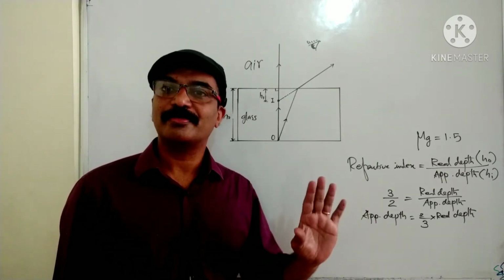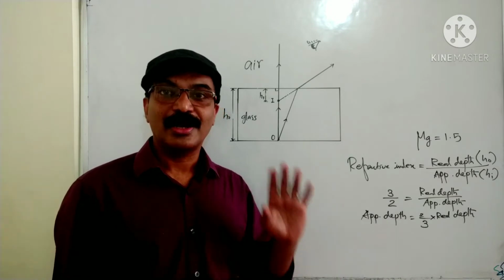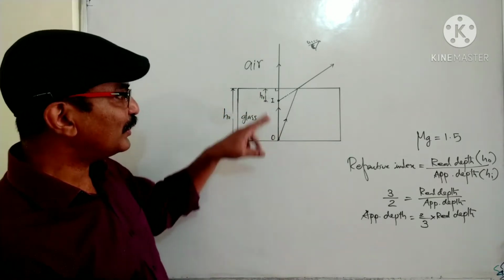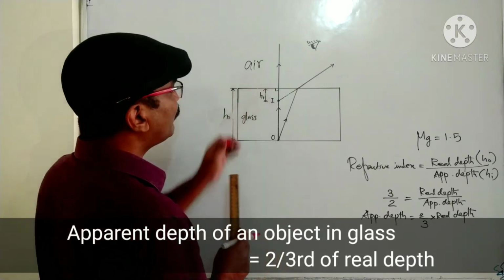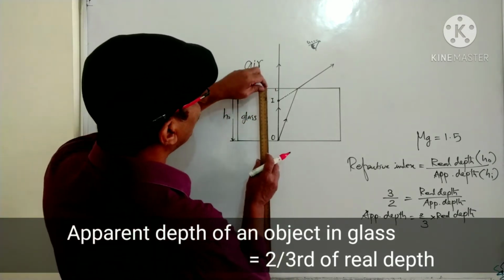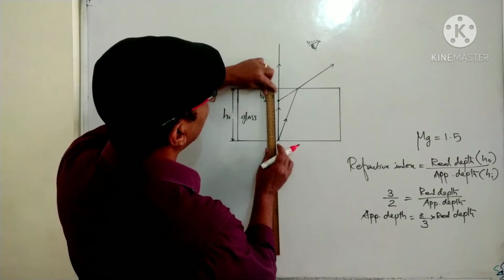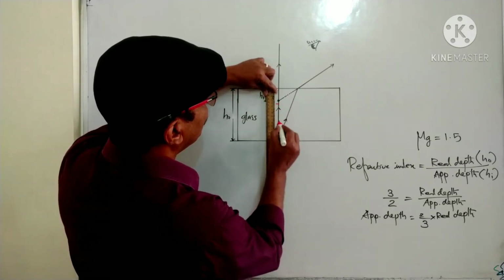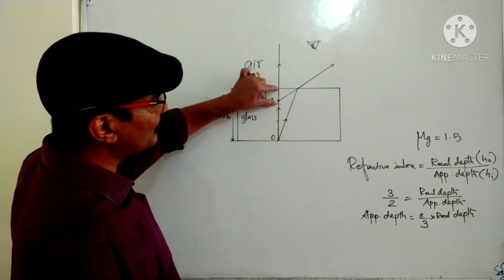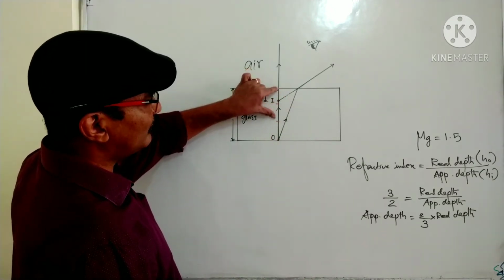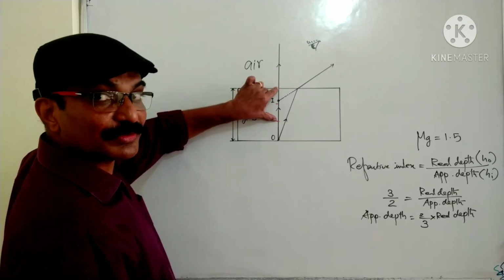Okay, examiners may not measure it, but at least for their estimation, apparent depth must be 2/3 of real depth. Here, if I divide this real depth into 3 equal parts, imagine, see, high approximation only, okay, 1, 3, okay, 3 equal parts. This is 1/3 of real depth, and this is 2/3 of the real depth.